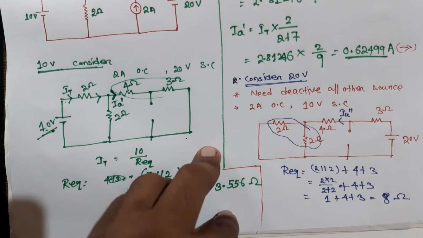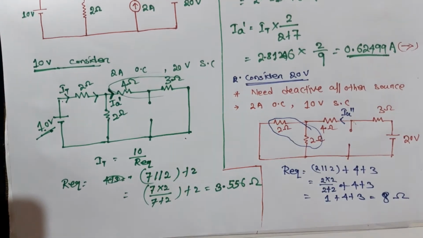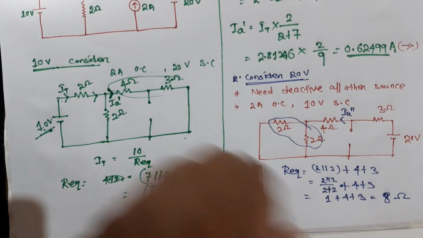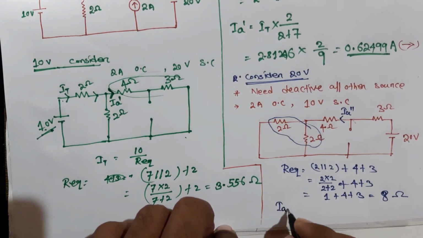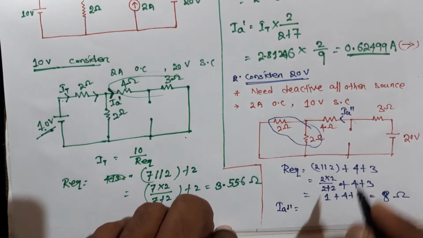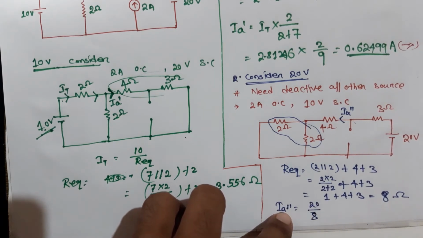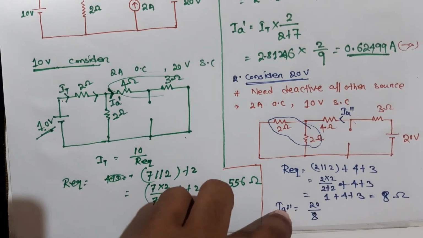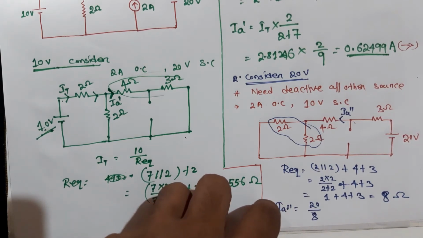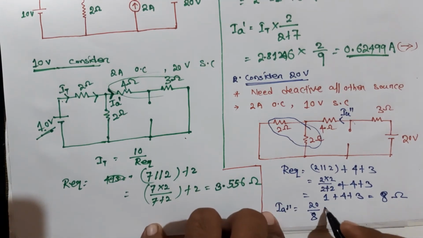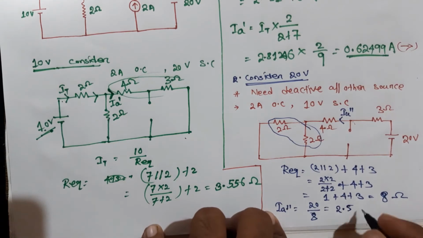Here we find the total resistance. Then we need to find how much current. We know this I double dash is equal to the total voltage 20 divided by 8, which is equal to 2.5 ampere.